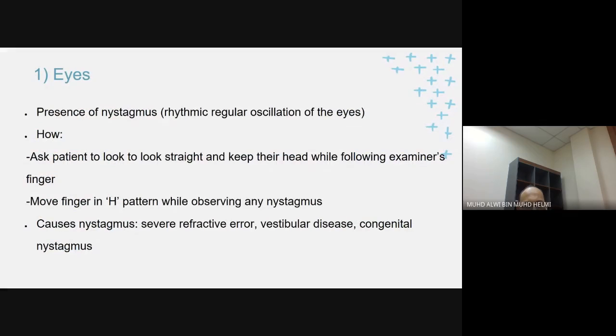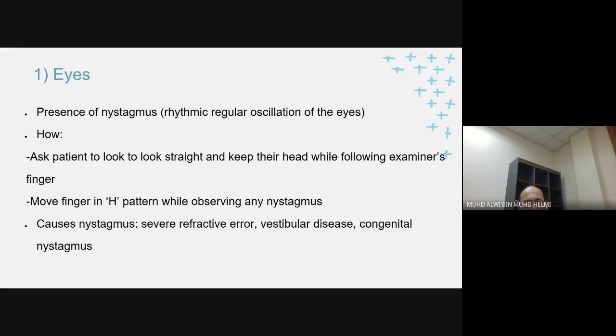Eye, nystagmus. Sometimes in very severe disease, you can see obvious nystagmus at rest. But most of the time, you have to force the ocular muscle to the extreme, the H direction, lateral or up. At the end, then you see the nystagmus.